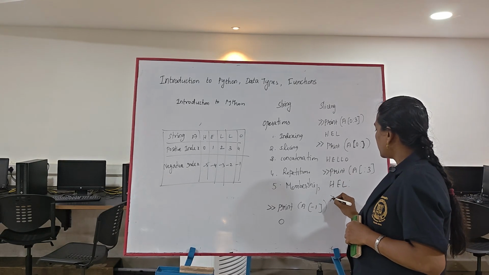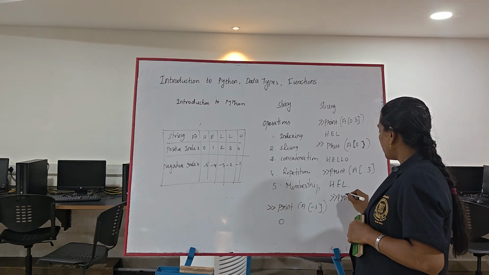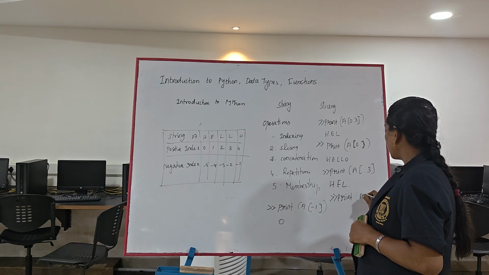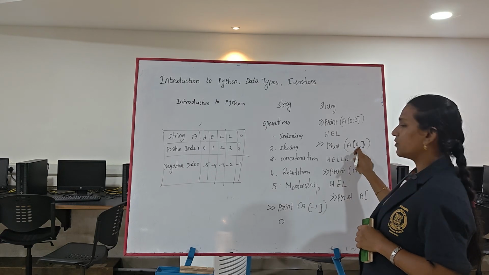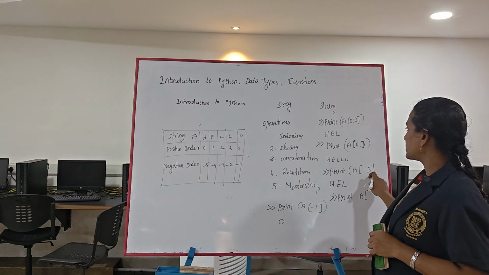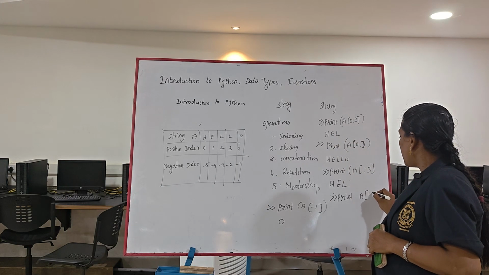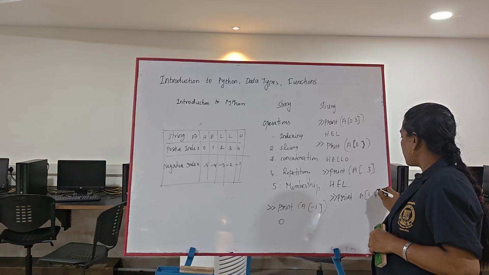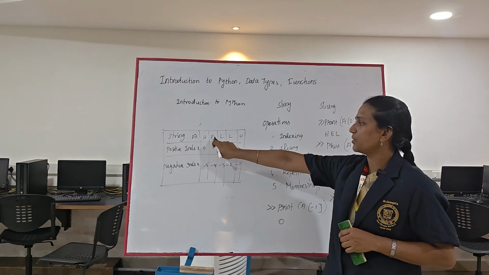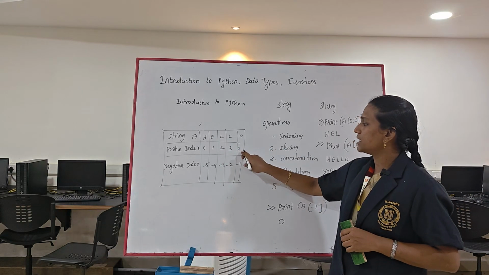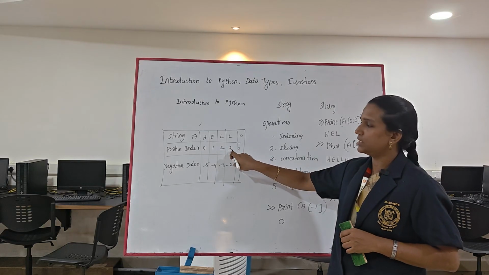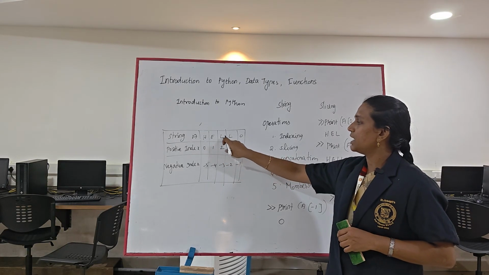Let me give another example, print of A where I give both the first subscript and the second subscript. If I give 1:4, it starts from E, and 4 means it will stop before that. So the output is ELL.